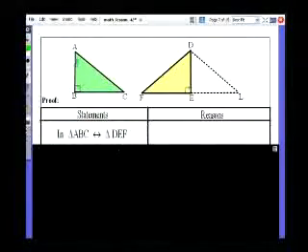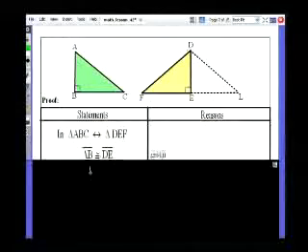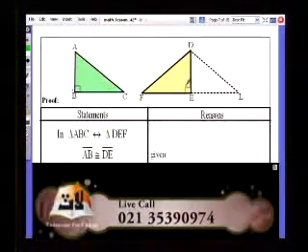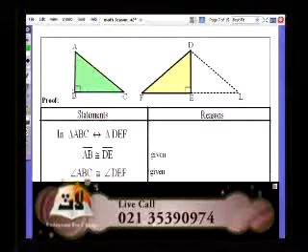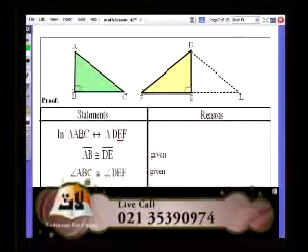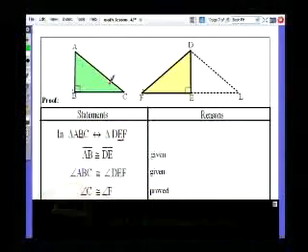Alright, so let's do it. Triangle ABC in correspondence with triangle DEF. Okay. AB is congruent to DE. It's given to us. Angle ABC is congruent to angle DEF. Given है.